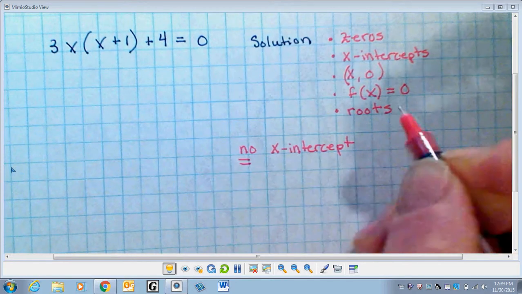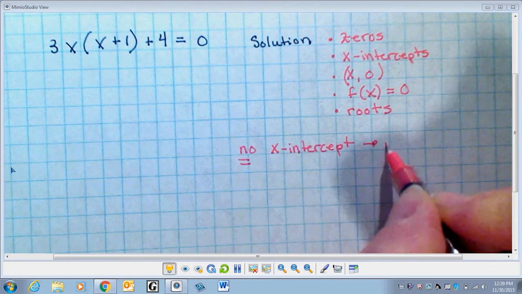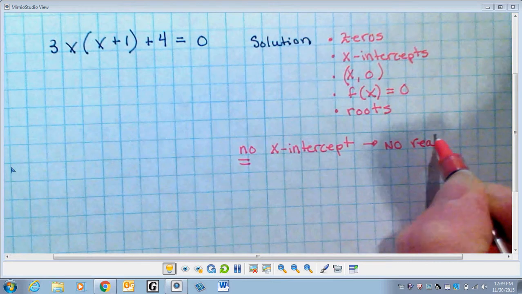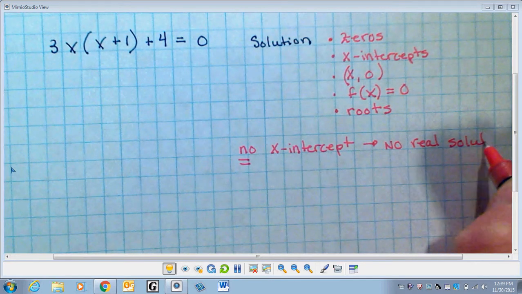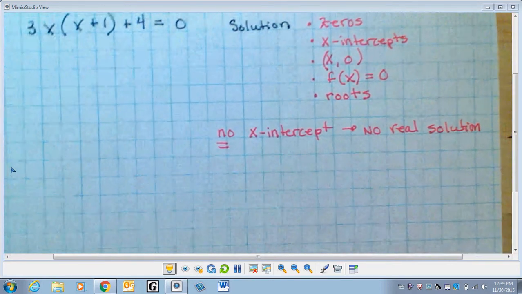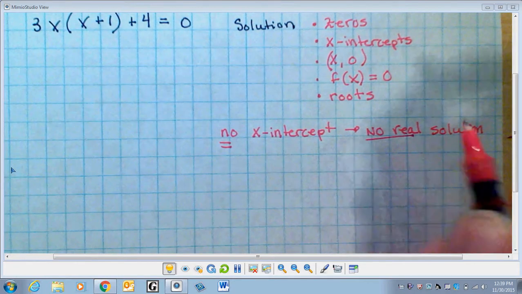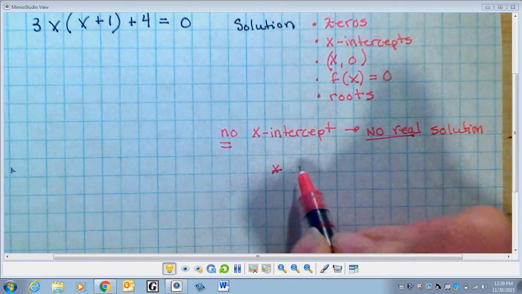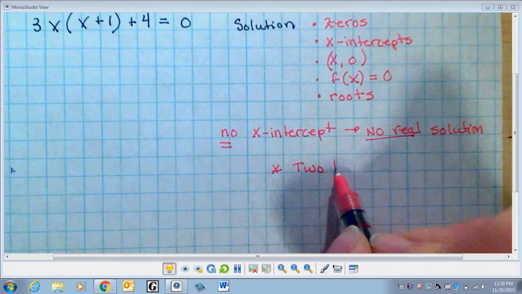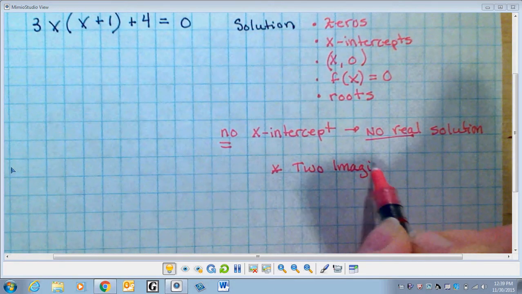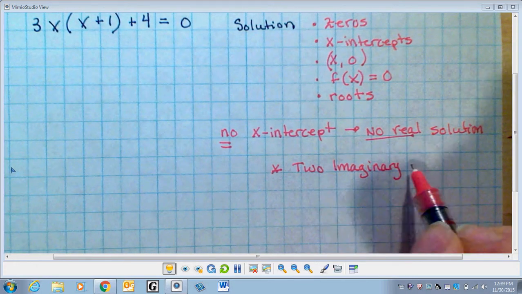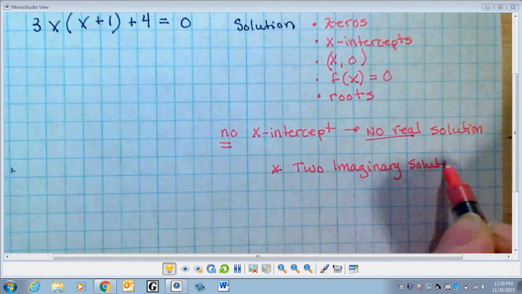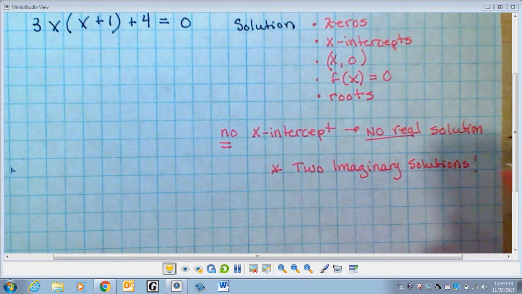So that means that there is no real solution. But you can't get off the hook because there are two imaginary solutions. There has to be.